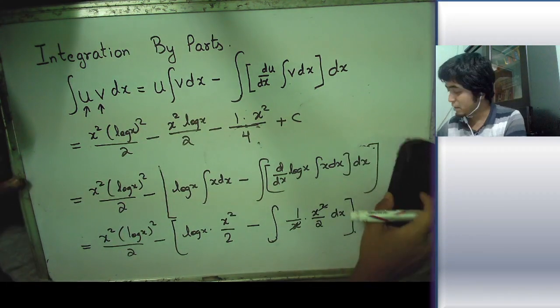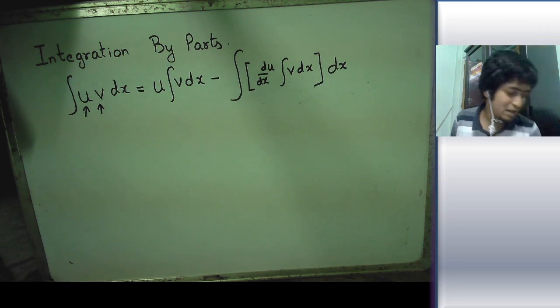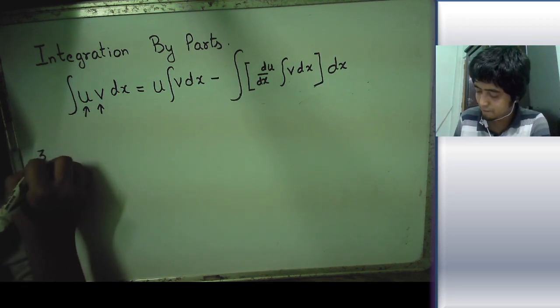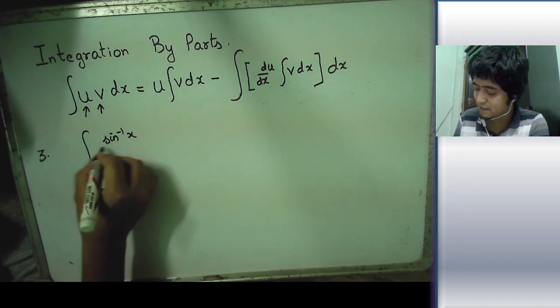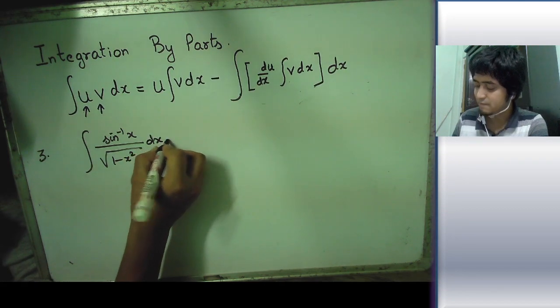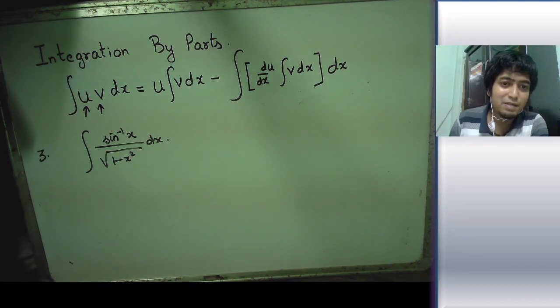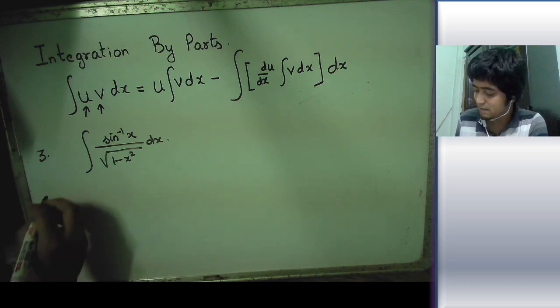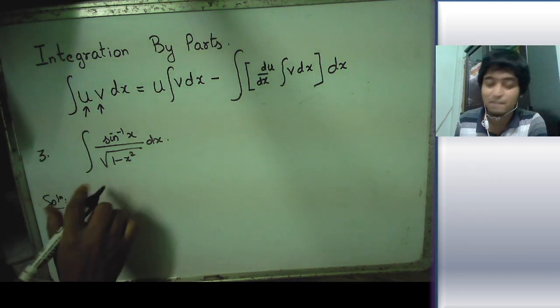Okay, so we are done with problem number 2. Let us just go ahead with the third problem. Integration of sine inverse x over root of 1 minus x squared dx. This one can be done in different ways. Let us just try to do integration by parts.